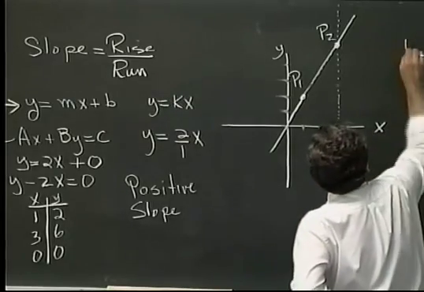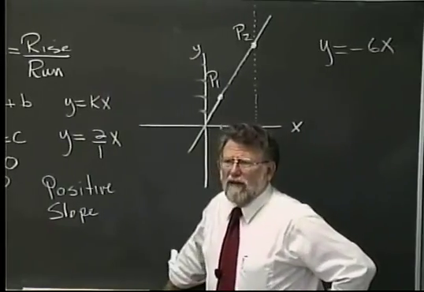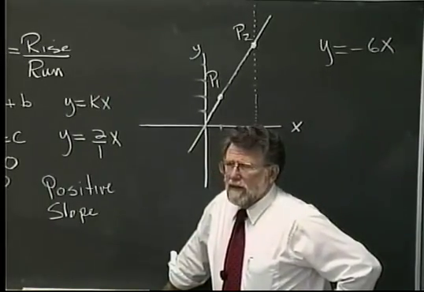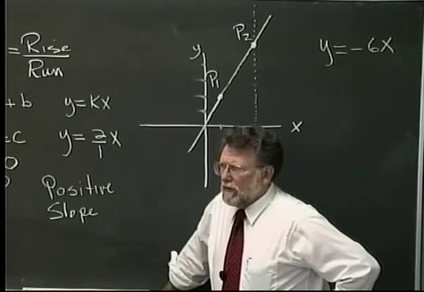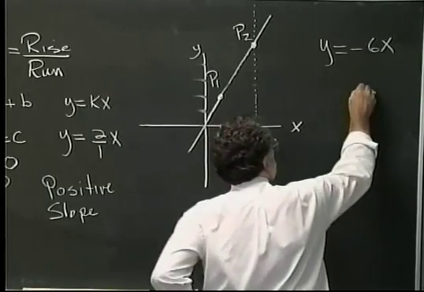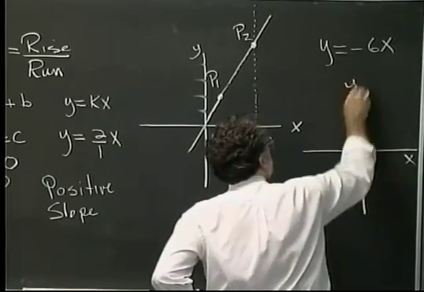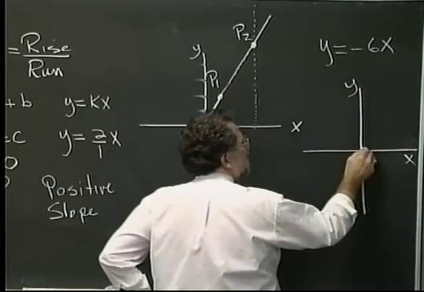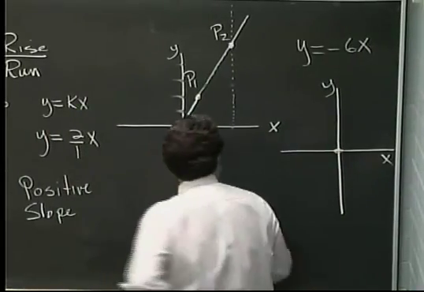Is my recollection. What does that tell you about what your graph should look like at the end? Downhill. As you go from left to right, you're going downhill. So if I look at this graph, x and y, and I take 0, 0, I'll just take the easy one this time, when x is 0, y is 0.